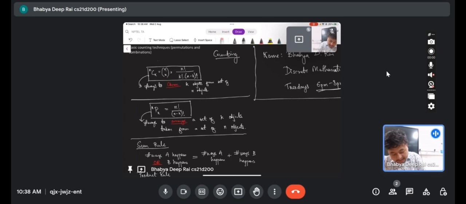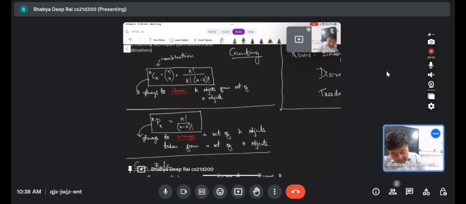This is what is called a combination. We read this as n choose k, also denoted in brackets as n choose k. The formula is n factorial divided by k factorial times (n minus k) factorial.